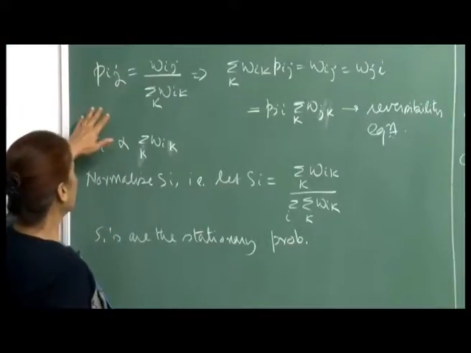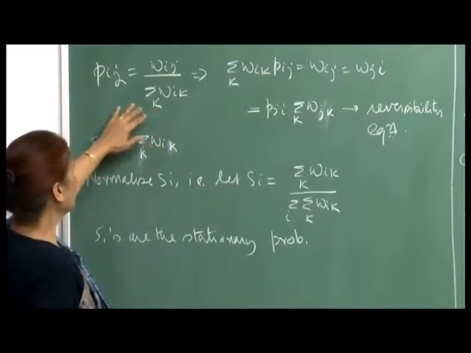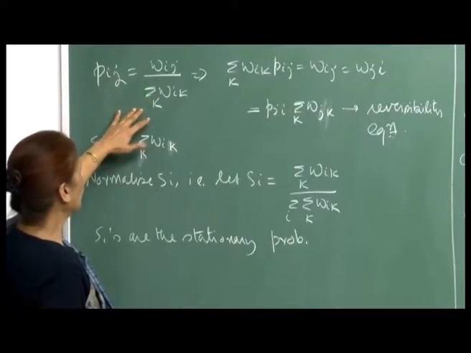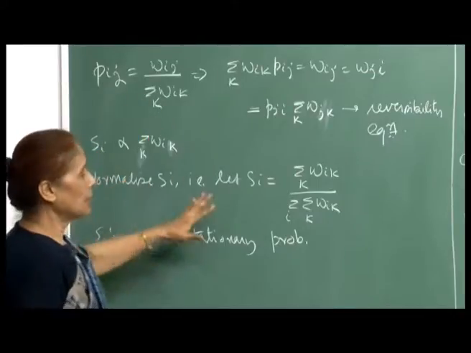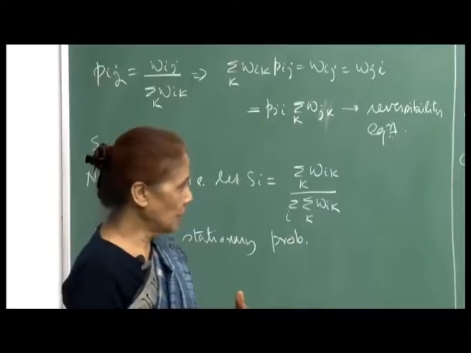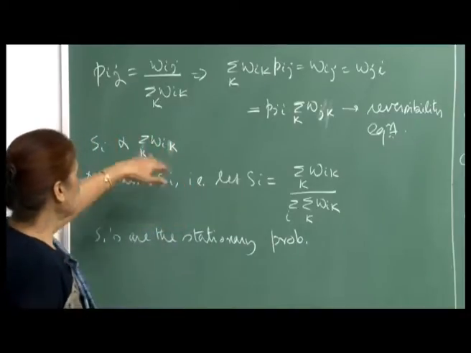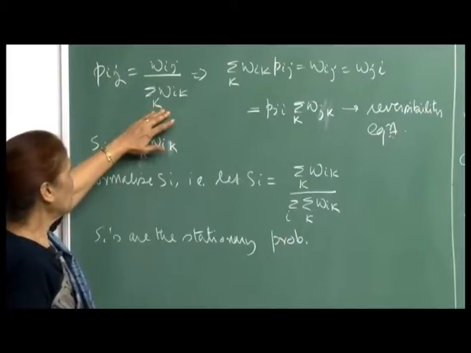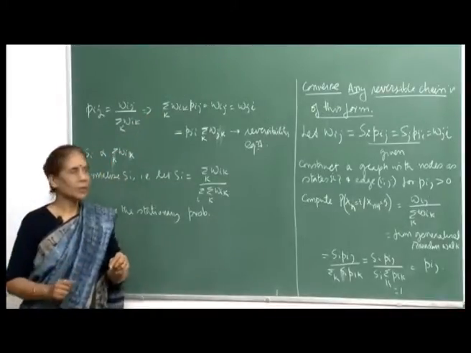So, you see, with the weights attached to the edges, I define my Pij as Wij upon sigma k Wik. Now here the notion of going to an edge being equally likely has been replaced by this: the weight of the edge ij, divided by the total weights of the edges which are incident on that node, right.